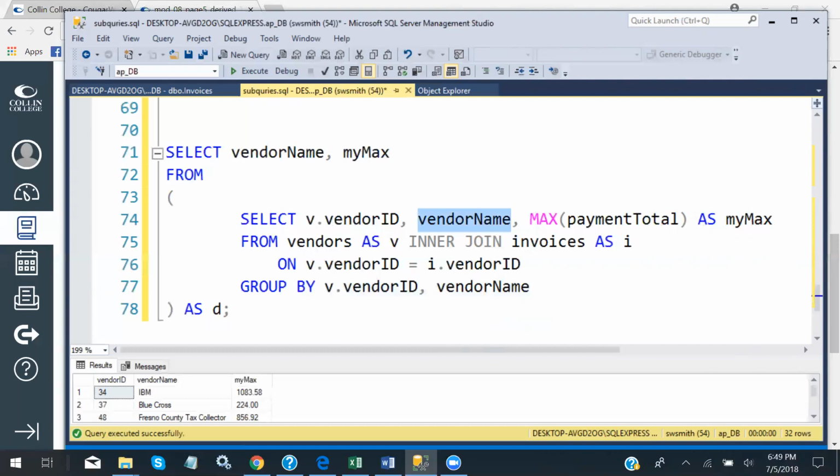Wouldn't be unusual at all, particularly if it were a person. So this could be like a client name, the max of the payment total, but the client has, I need to put in the client's social security number to make sure. What happens if I have two names that are the same? And you check for duplicates?